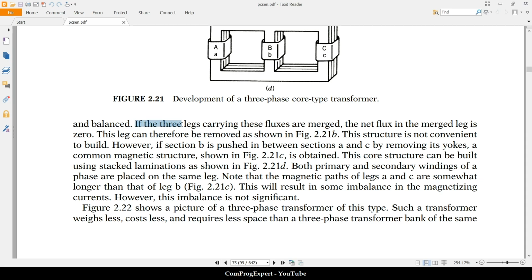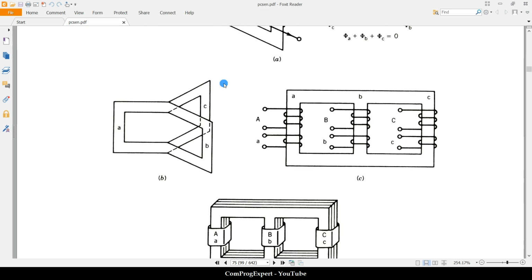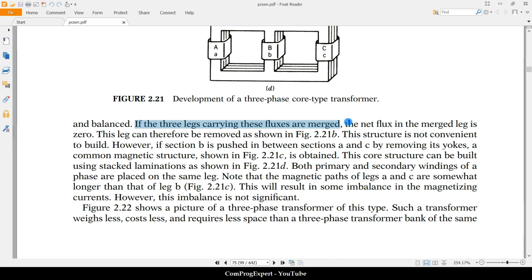If the three legs carrying these fluxes are merged, this common leg, the net flux in the merged leg is 0.